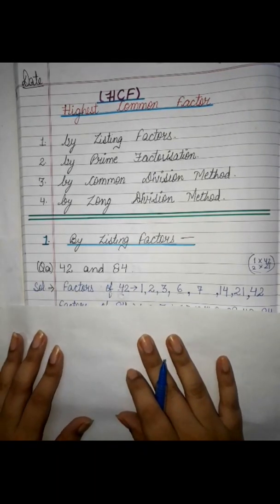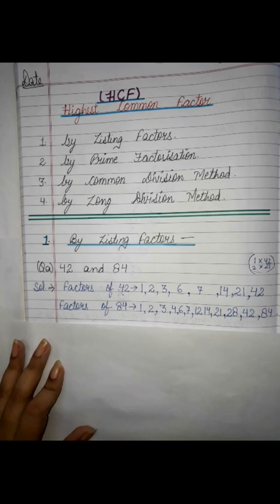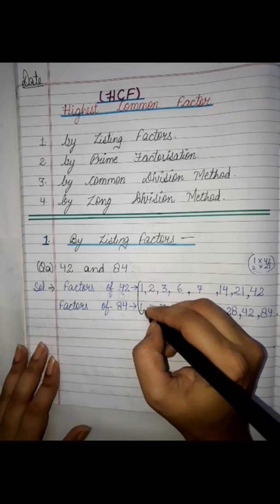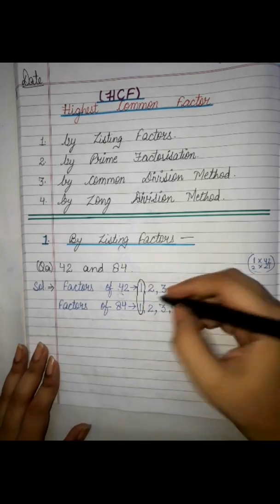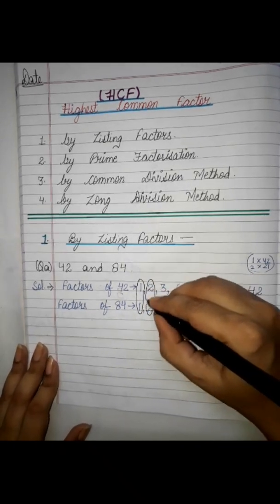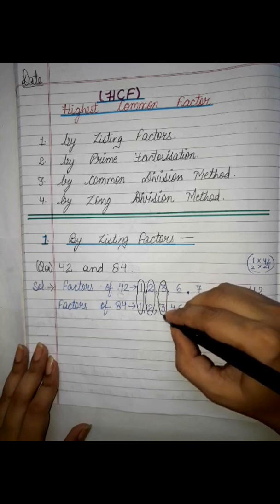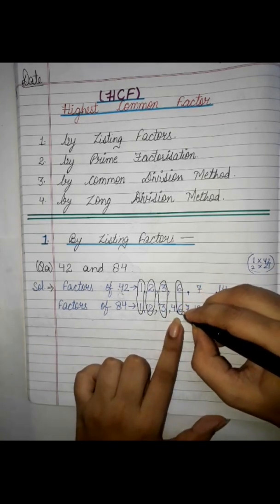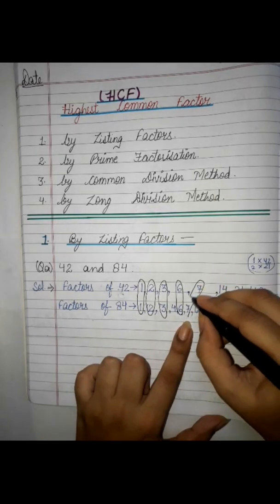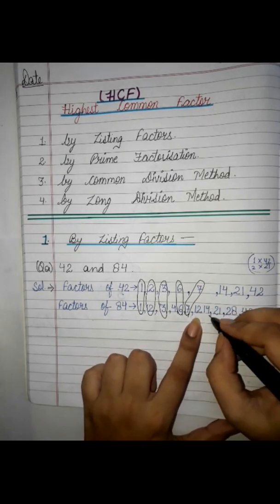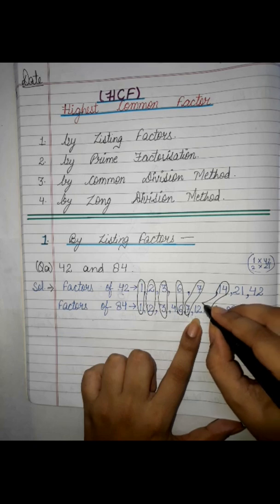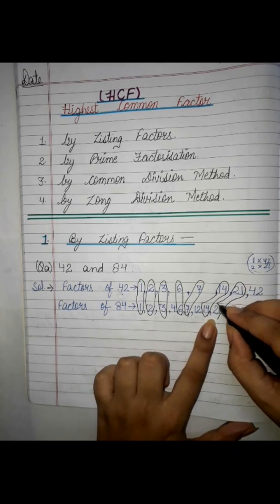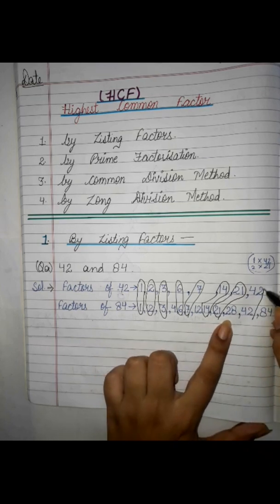Similarly children, we will find the factors of 84 as well. Now see, what are the common factors? We can see this one, you will make a circle like this. 2 is common, 3 is common, then 6, then 7, then 14, 21 and 42.